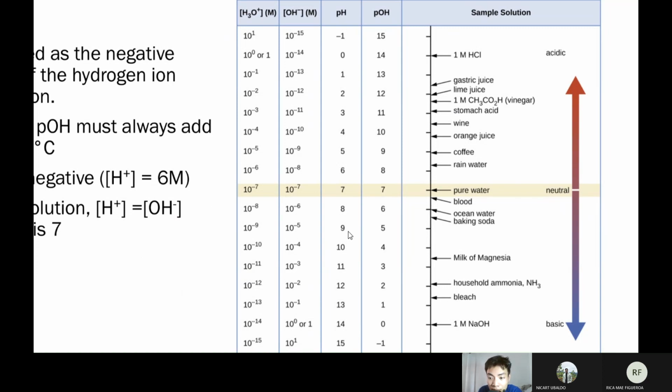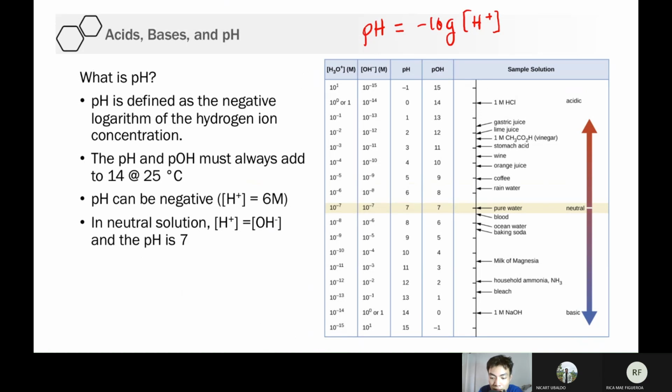The counterpart of pH is the pOH, or the power of hydroxide. And whatever the value of pH and pOH is, kapag pinag-add mo sila, dapat equal sila sa 14 at 25 degrees Celsius.